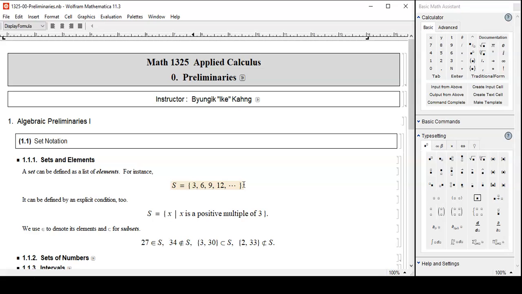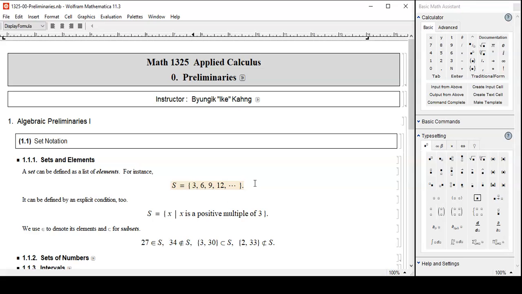So whether something is inside a set or not, whether something is an element or not, is explicit. There's no gray area, it's yes or no, nothing else. If you have that kind of relation, then you can say this is a relation between set and element. In this case, any positive multiple of 3 is a member, an element, of the set S, otherwise it's not.